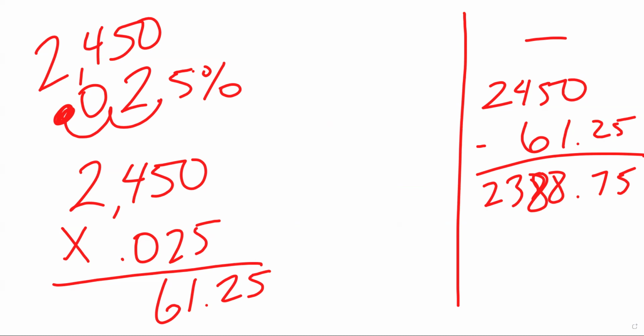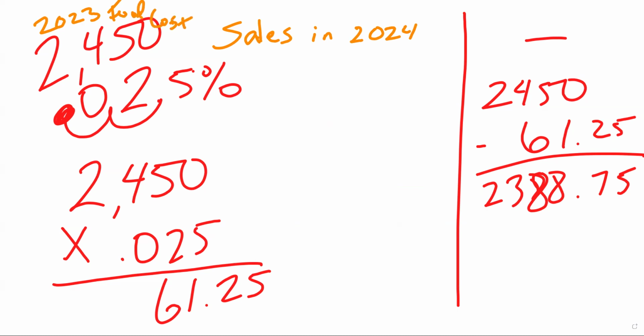The overall question is asking for the projected sales in 2024. But originally we have our 2023 food cost, and we want to do a 2.5% decrease. The first thing we have to do is find our decrease, which is what we already did.